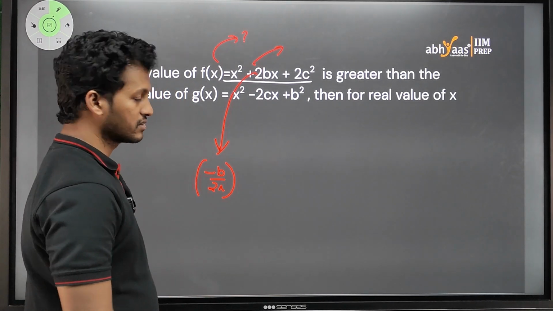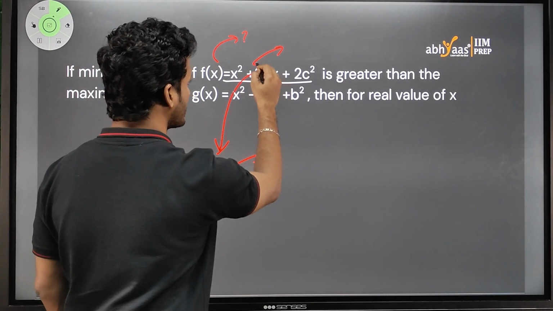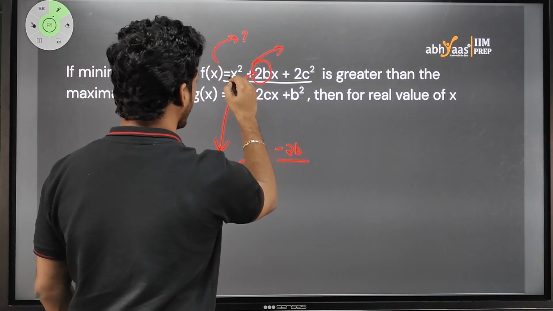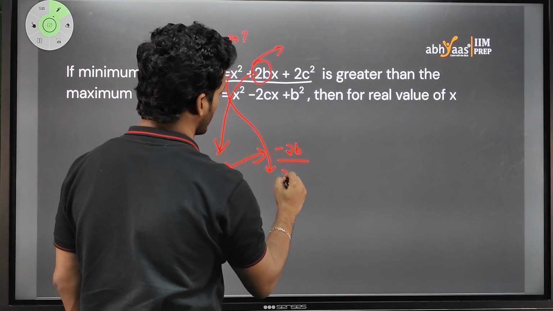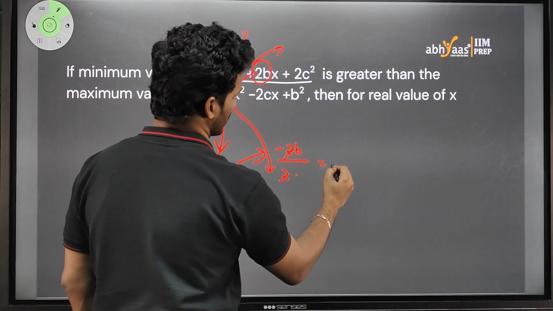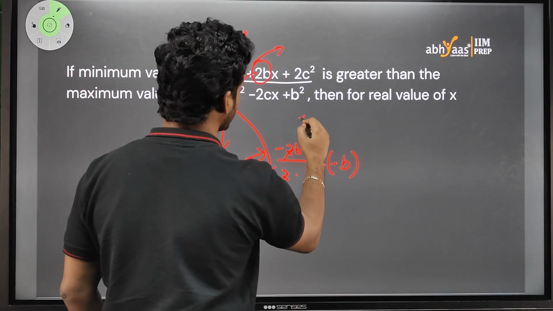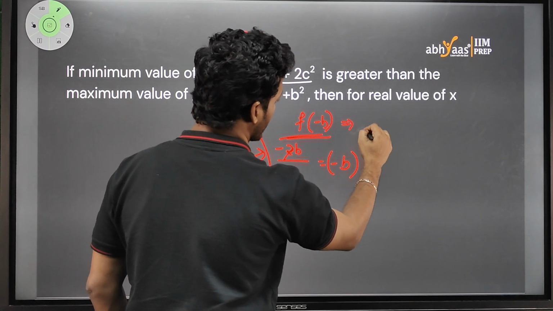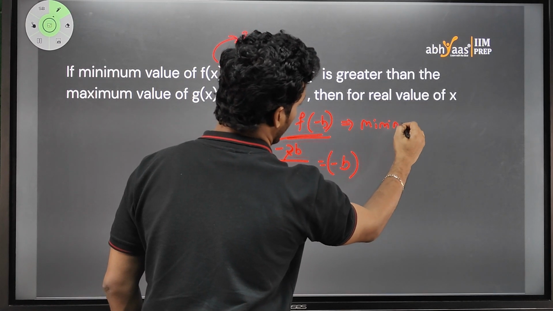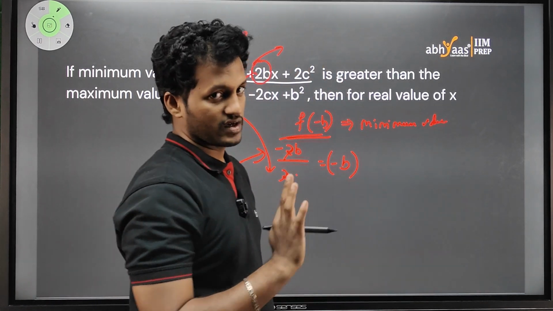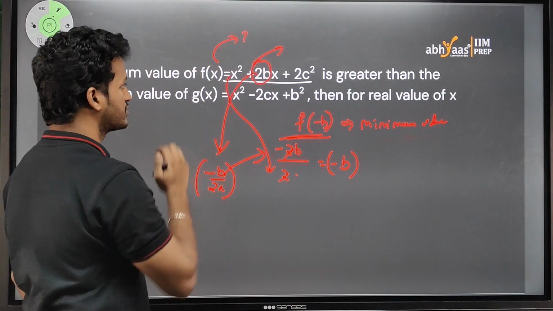That is the vertex. So apply that. Minus b here means minus 2b divided by 2a. At this point, f of minus b will be giving us the minimum value of the given function.